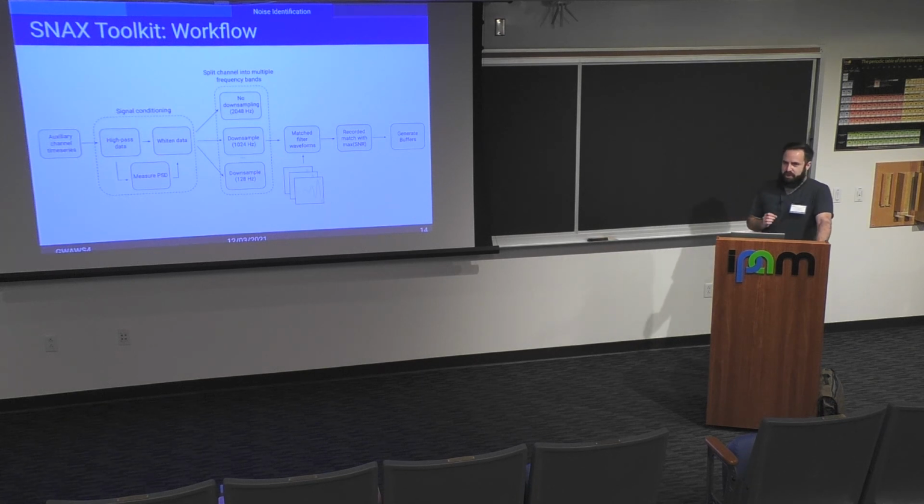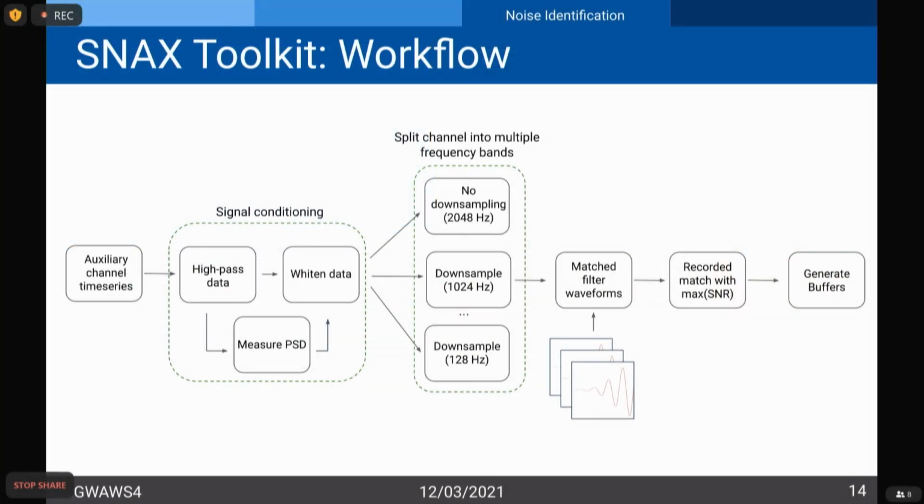So this is a little bit more of a detailed workflow. From left to right, we read in these auxiliary channel time series. We do some signal conditioning by high passing and then whitening the data. We do an extra step after this to split this up into multiple frequency bands for computational efficiency.